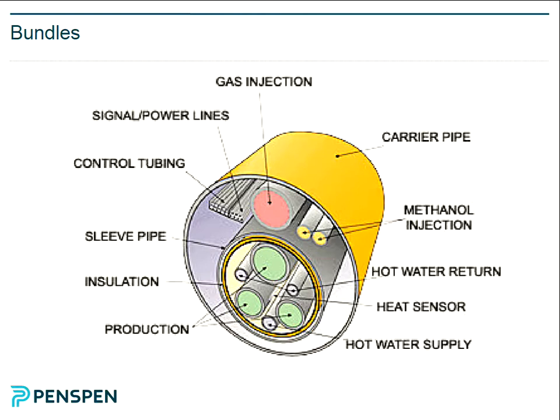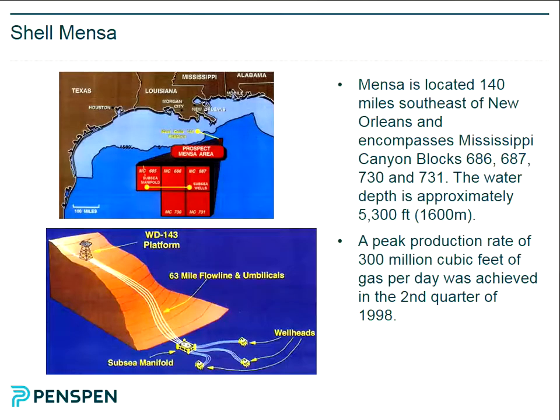Whereas this one is 63 miles. The reason they did this is because this part is in incredibly deep water, and it's not a particularly large field, so to have your own deep water floating FPSO is not economical really.